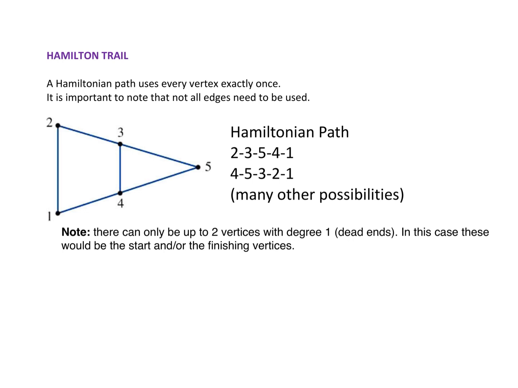Just remember Euler is the edges one, and the other one is the vertices one. So a Hamilton trail uses every vertex exactly once. It is important to note not all edges must be used. You just have to get to every vertex, but you don't have to use every edge.